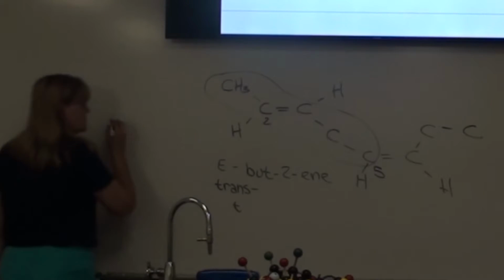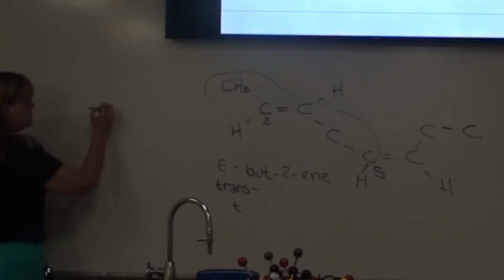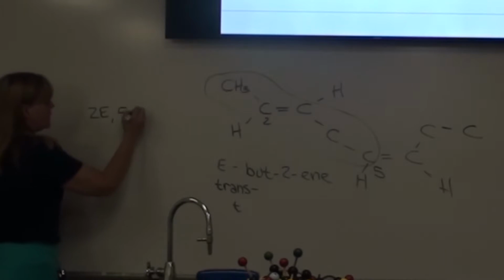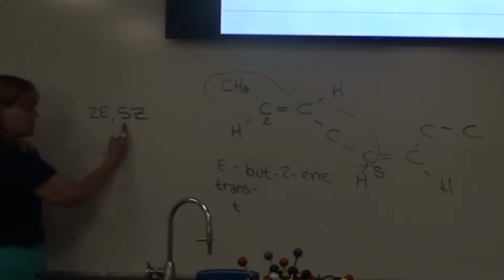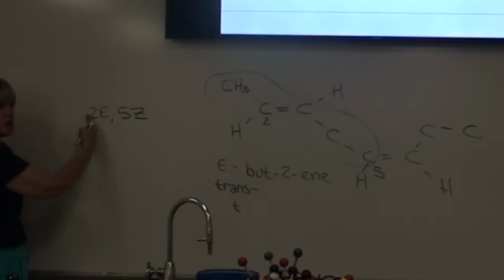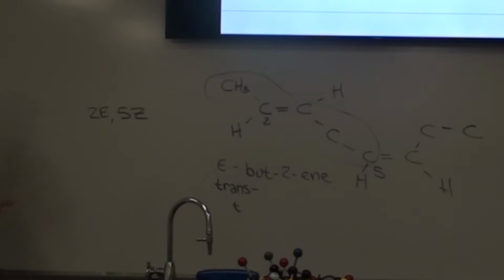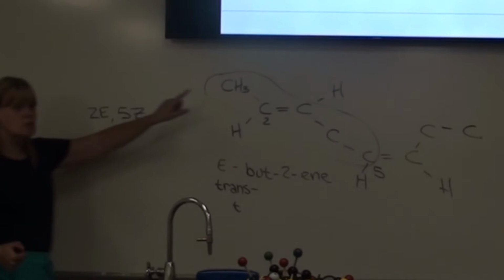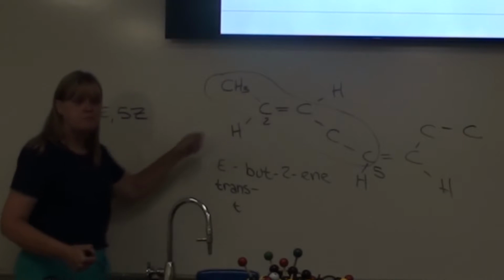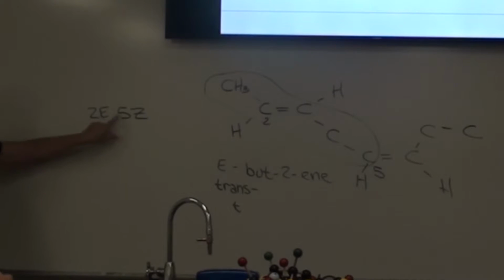Then in front, you would write 2E,5Z. So you have to write the location number for each type of stereochemistry that you've got in the list. Otherwise, it's not clear what stereochemistry label belongs where. This is going to be true even if the stereochemistry label is identical.